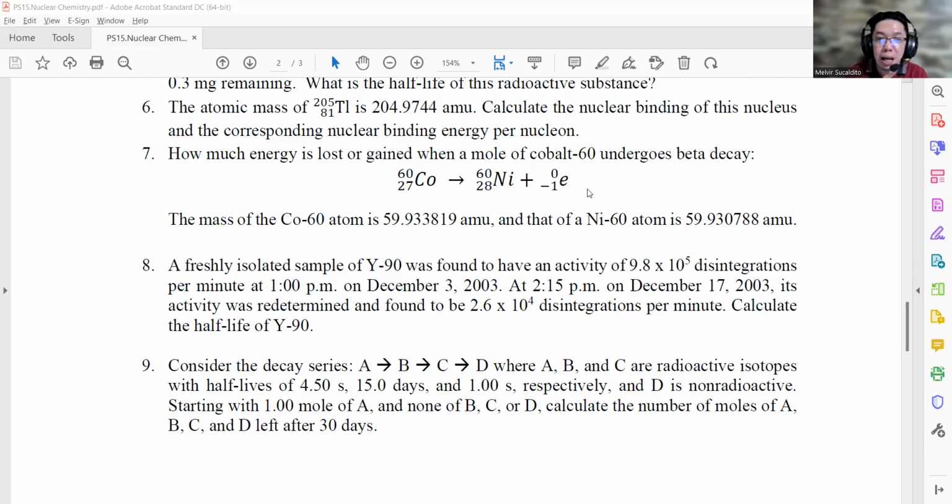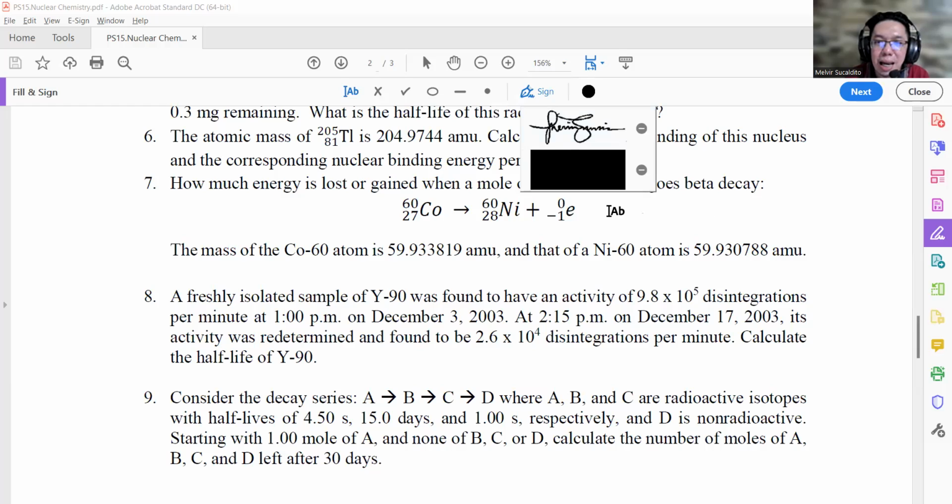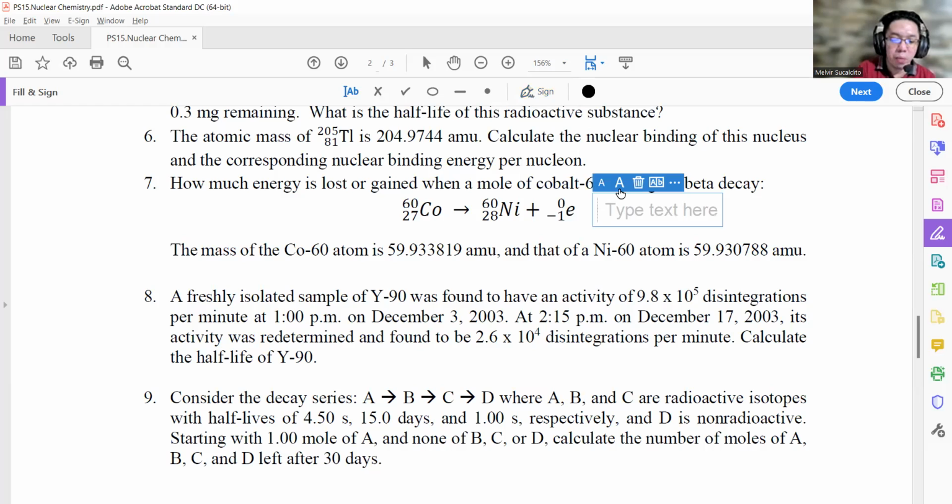If we want to be more accurate, let's also give the mass of the electron in AMU. Note that the mass of the electron in AMU is 0.00055. Let me annotate that.